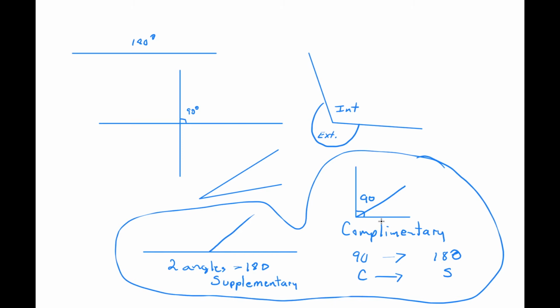Something else we didn't discuss is vertical angles. And a vertical angle, let's say we have two angles that intersect. The vertical angles are angles that are across from each other. And they are vertical, right?